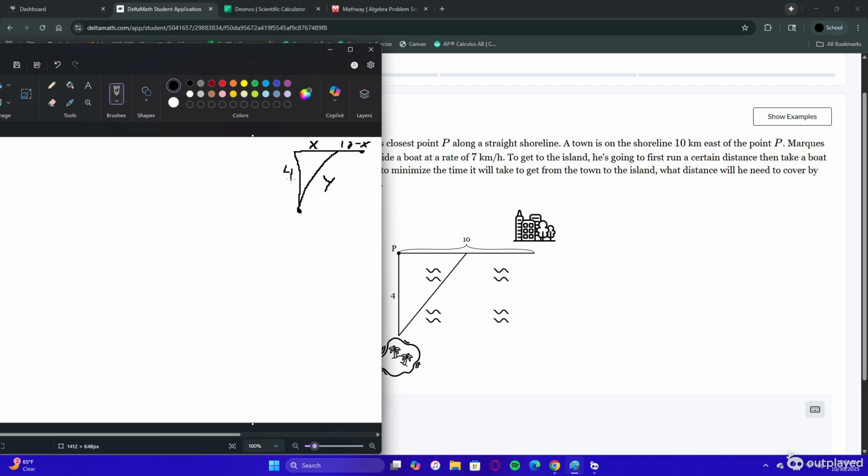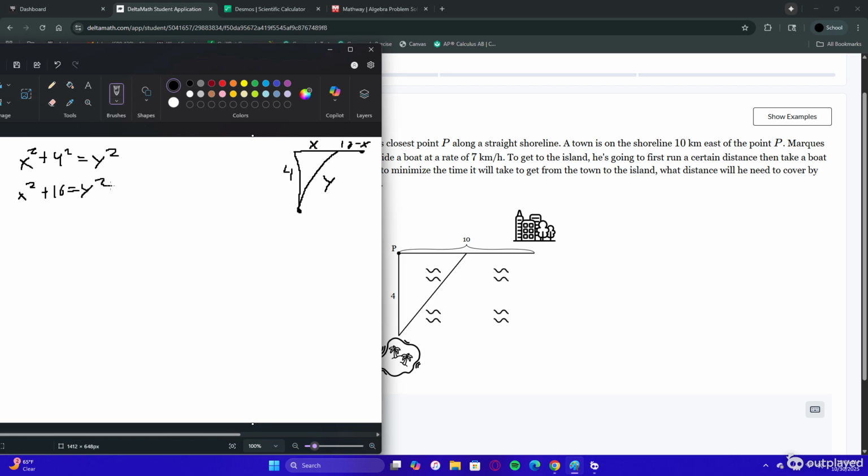So what that looks like is basically the Pythagorean theorem. Remember, this side squared plus this side squared equals this side squared. So we can just write it here, x squared plus 4 squared equals y squared. And just solving for that, we get x squared plus 16 equals y squared.